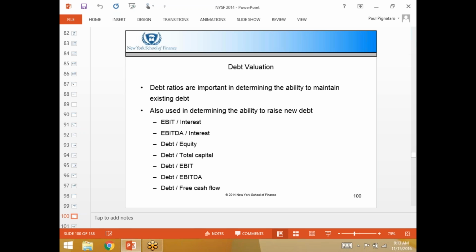You're right, it's actually EBITDA over interest plus principal payment. Yeah, interest plus principal. I think we're on the same page.